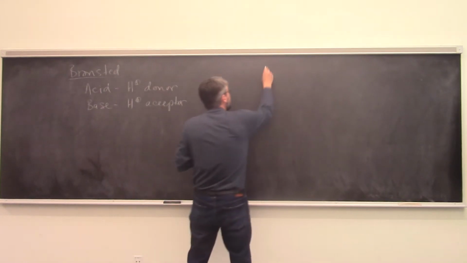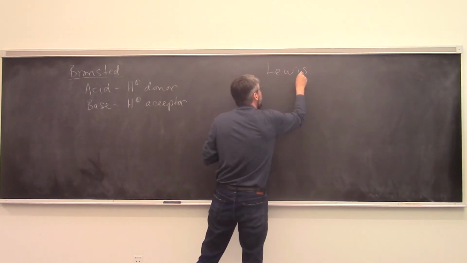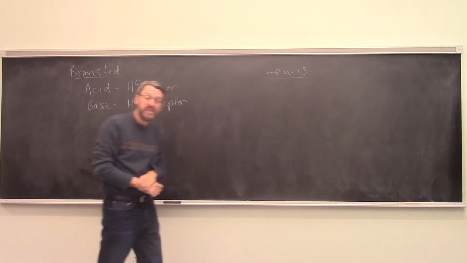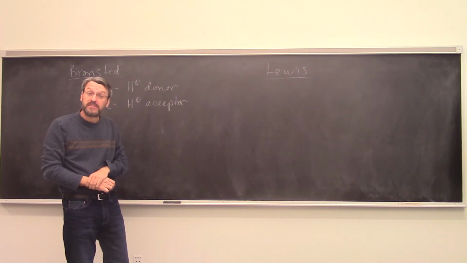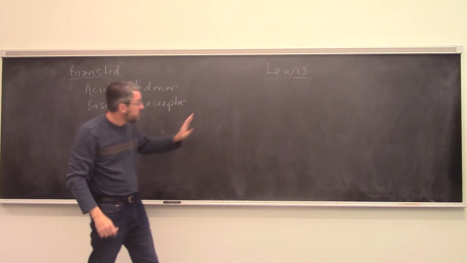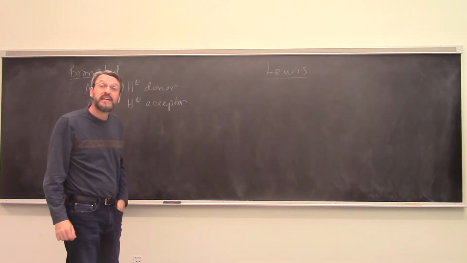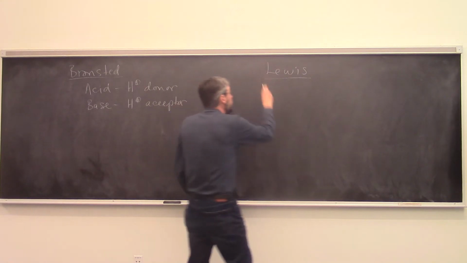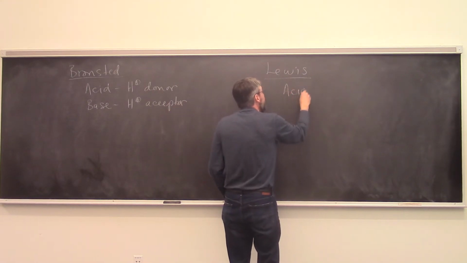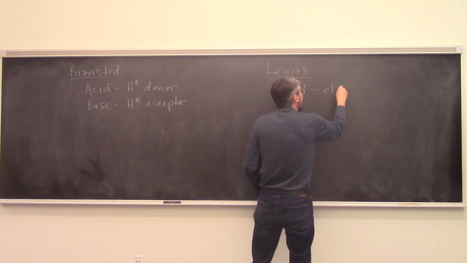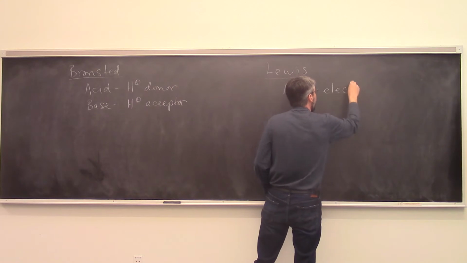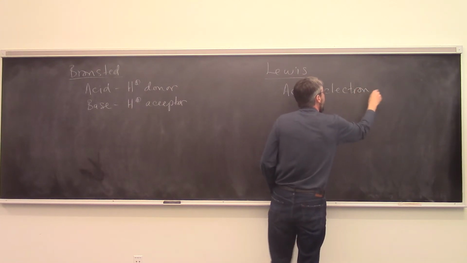An alternate definition, the Lewis definition of acids and bases, is one that we're going to use a tremendous amount and is much more useful. Now, Lewis switches away from thinking about protons and looks at the electrons. So a Lewis acid is an electron acceptor.